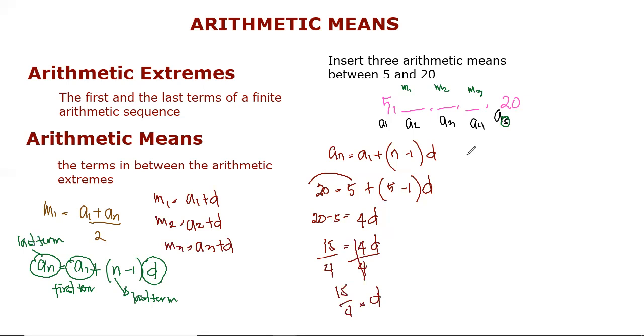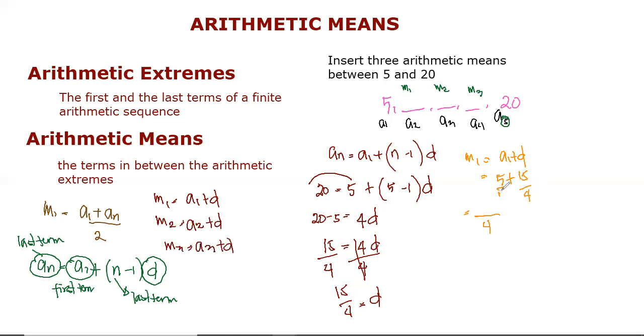So m sub 1 is equal to a sub 1 plus d. Write the formula. Then a sub 1 is equal to 5 plus the common difference, 15 over 4. Okay, so paano nyo po kukuhanin yung LCD niyan or least common denominator? Okay, kapag po isa lang naman po ang ating denominator at meron tayong 1 dyan, automatically 4 is our common denominator.